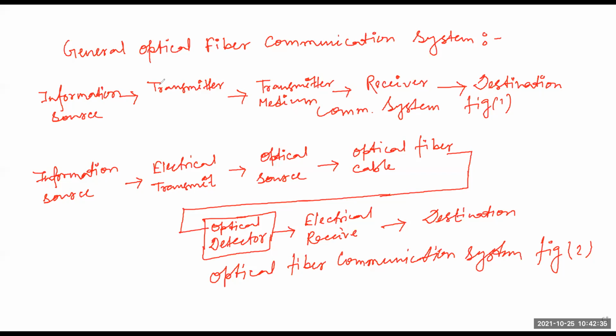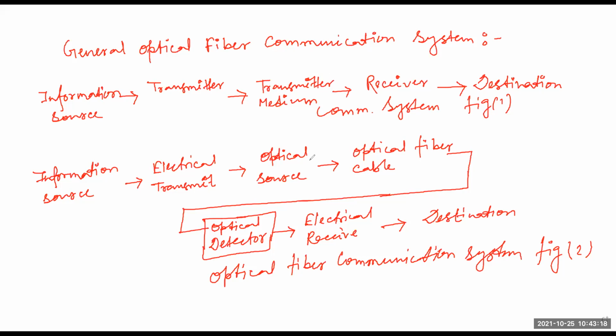The function of this system is to convey the signal from the information source over the transmission medium to the destination. This is the information source, this is the signal, and it is transmitted through the transmitter, which is also a modulator. With the help of the modulator, the modulation takes place, and this is the transmission medium, which you can say is the channel.